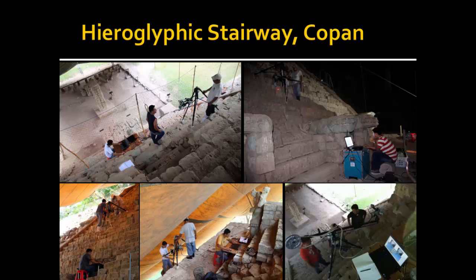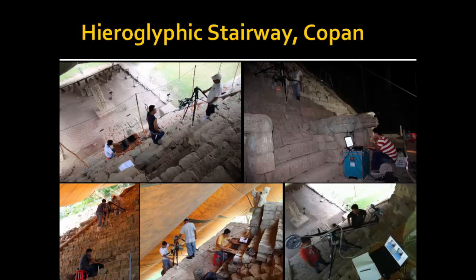So this project, the project of documenting the stairway, took us 4 years, and we had to come up with all kinds of little clever solutions to be able to access these incredibly large monuments, the largest surviving pre-Columbian inscription, one of the largest inscriptions in the world, as a matter of fact. So every step of the stairway is covered with inscriptions, with inscribed characters.